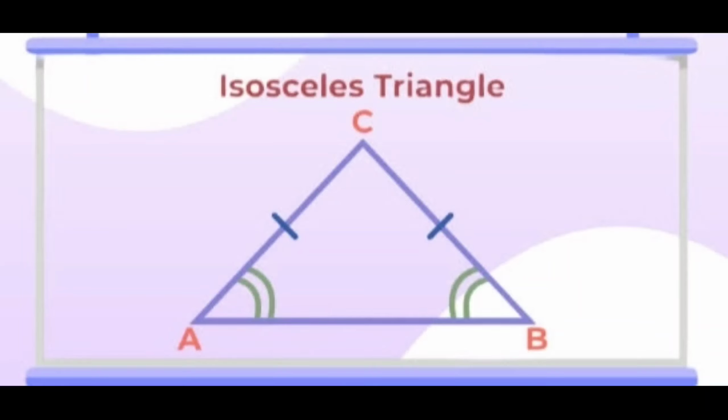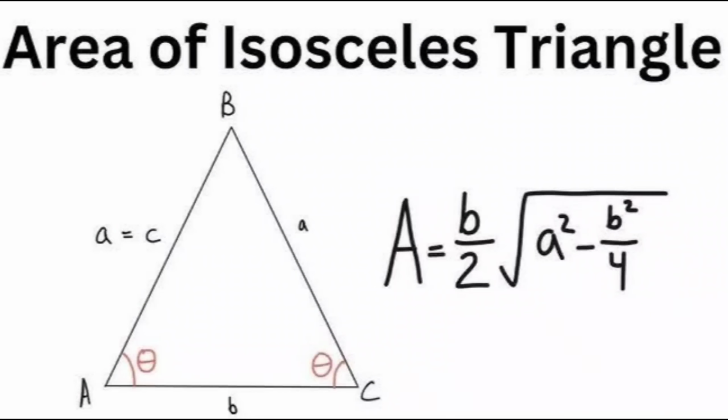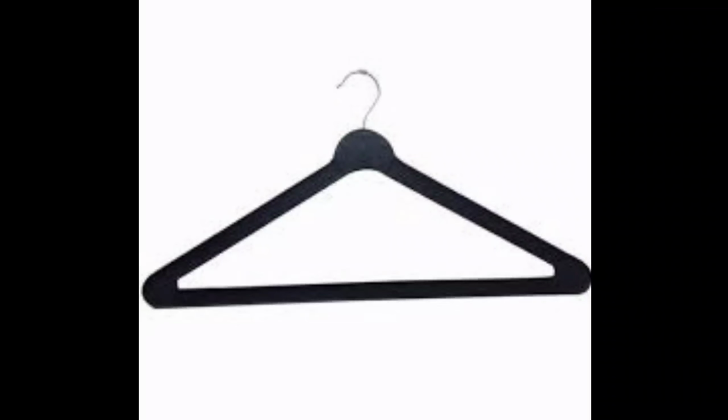So the perimeter of an isosceles triangle is 2a plus b, and the area of the isosceles triangle is b by 2 multiplied by under root a square minus b square by 4. And the example of isosceles triangle is a clothes hanger.